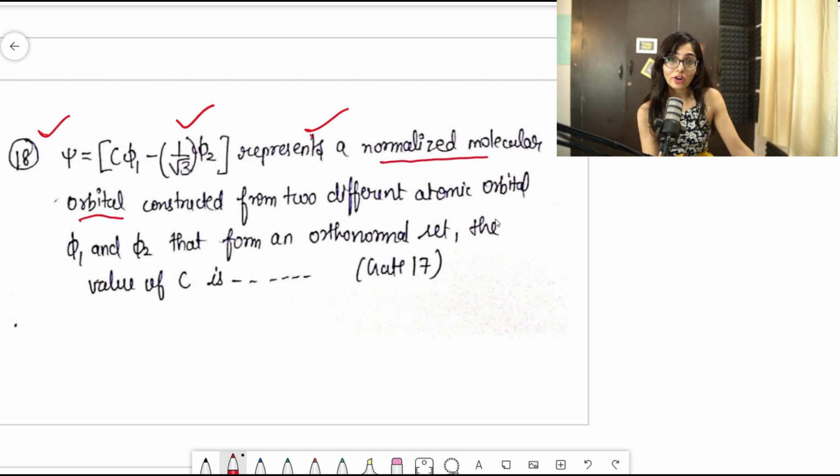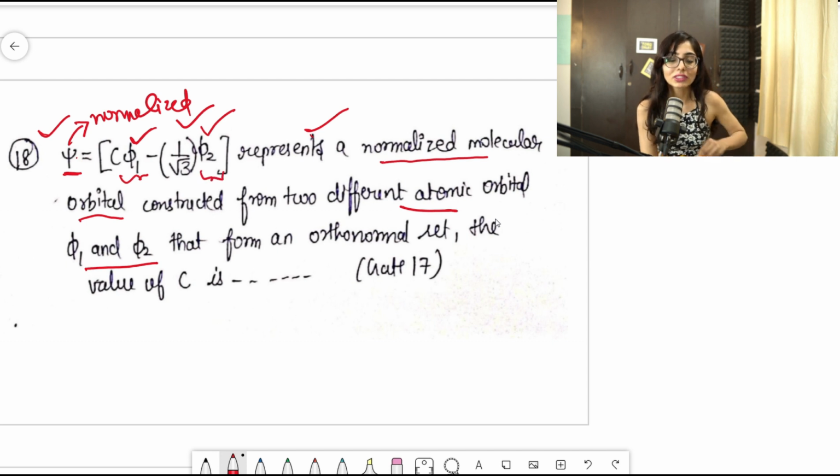It is already mentioned that this psi is normalized, constructed from two different orbitals, phi 1 and phi 2. This psi is obviously made from phi 1 and phi 2, which is why it equals C phi 1 minus 1 by root 3 phi 2. That is the meaning of this statement.